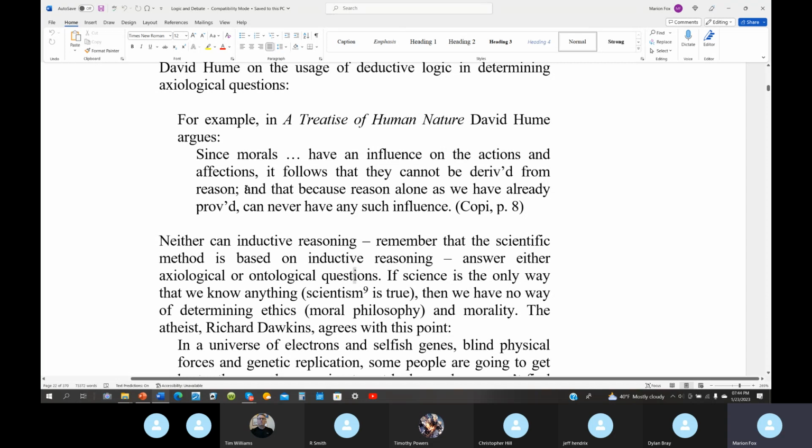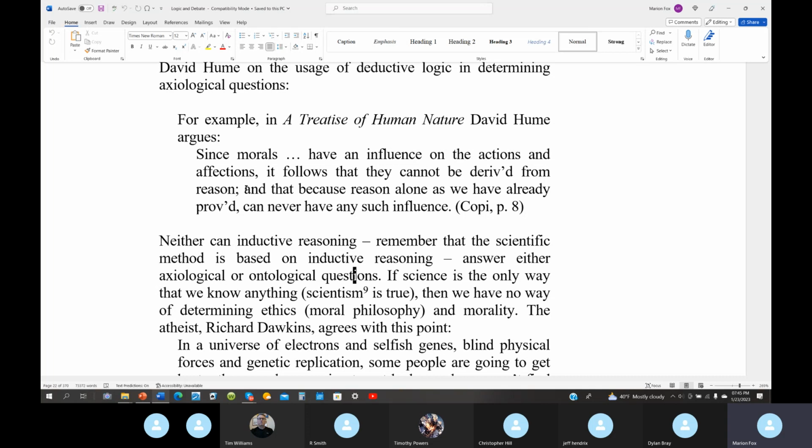While reason, he means either deductive or inductive reasoning. In other words, you cannot just with logic alone say murder is wrong. You cannot by logic alone, with nothing else, draw the conclusion that lying is wrong or stealing is wrong. Can't do that. Now, you have to have some other grounds for determining it.